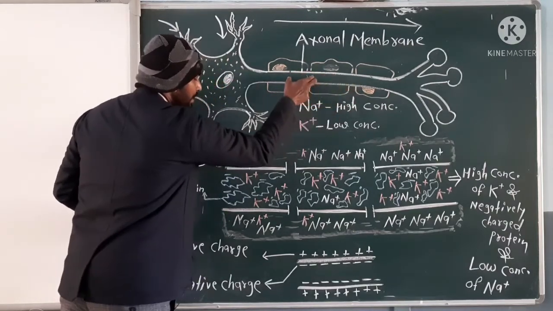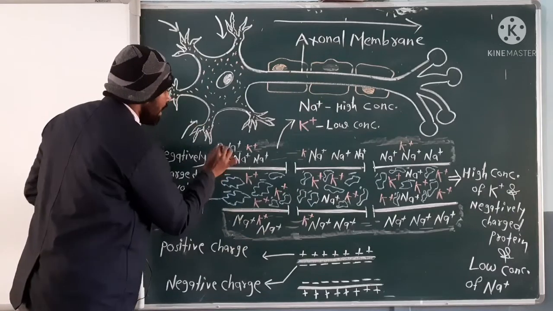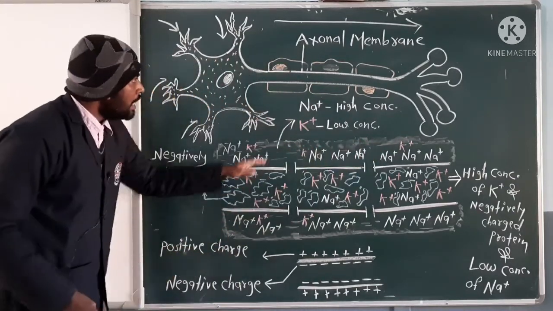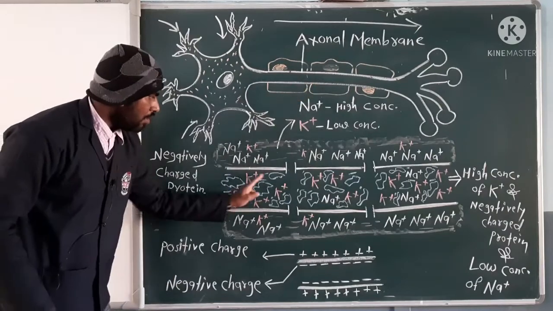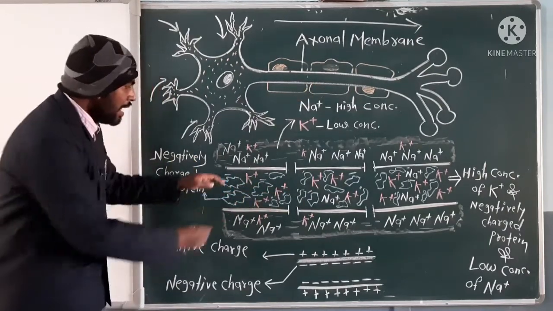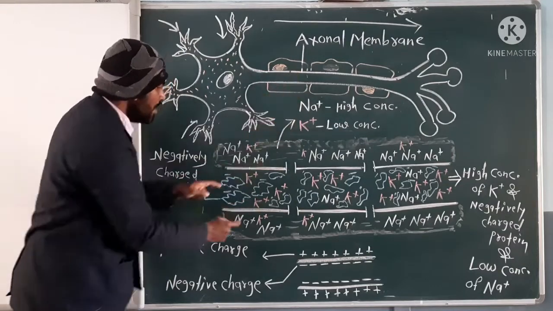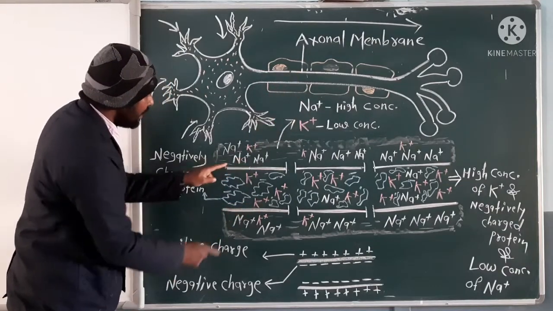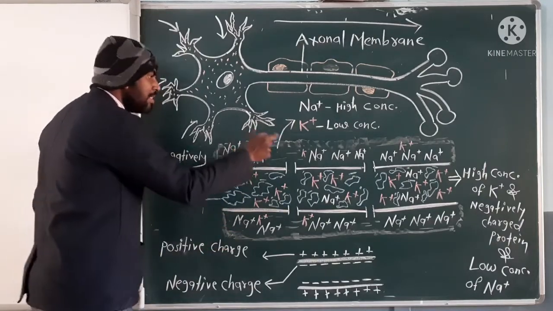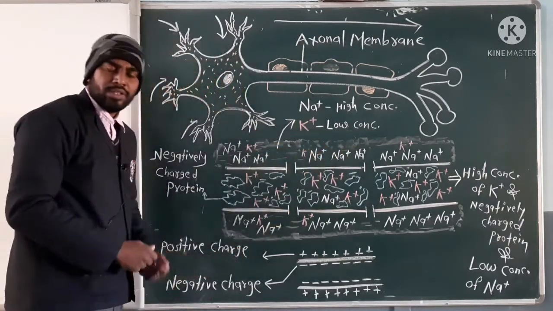Suppose this portion of the axon we have drawn here in a detailed manner. As I was telling, inside the axon certain proteins and ions are present, and outside the axonal membrane, in a particular fluid, again certain ions are present.